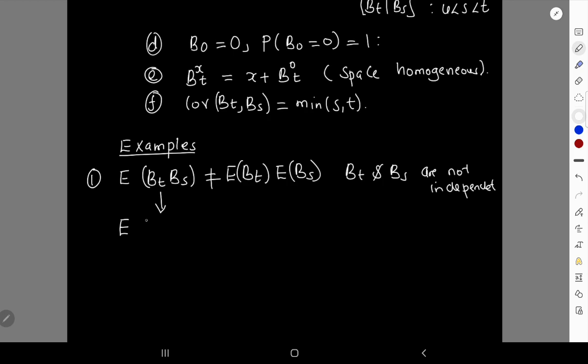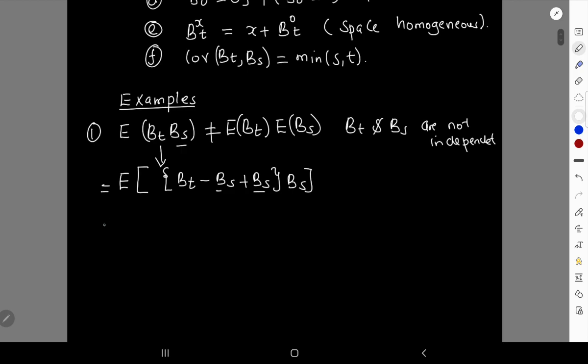This B_T B_S can be written as B_T minus B_S plus B_S, multiplied by B_S. We have not changed B_T because this and this cancel to 0.